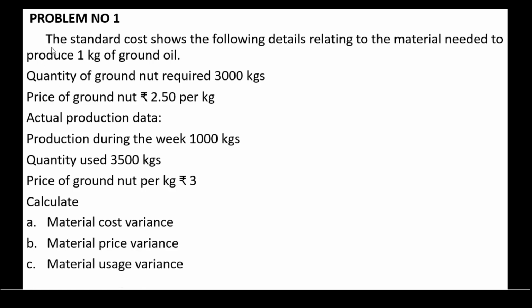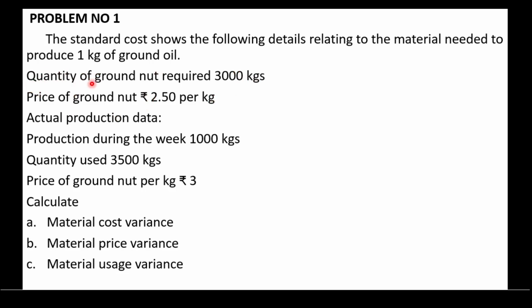Here the standard cost shows the following details relating to the material needed to produce 1 kg of ground nut. Both of these pieces of information are related to the standard cost.